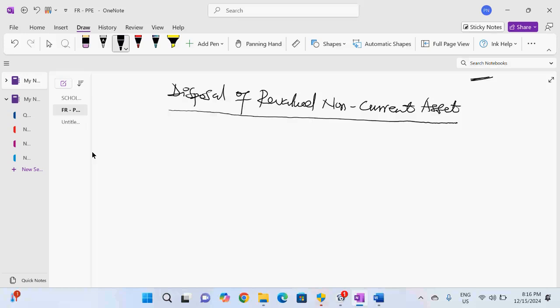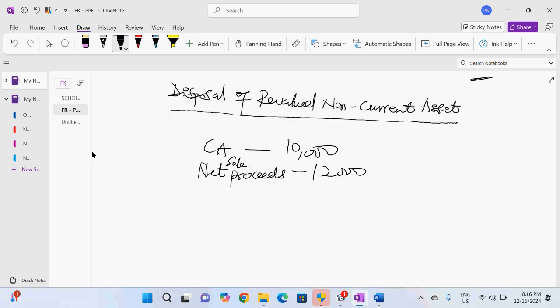This should be calculated as the difference between the net sales proceeds and the carrying amount. Let's say the carrying amount of the asset is 10,000, but you are selling it, and the net proceeds, the amount that you receive when you sell, is 12,000.